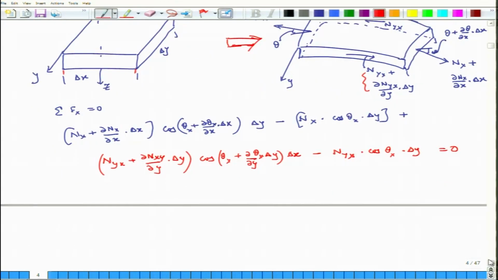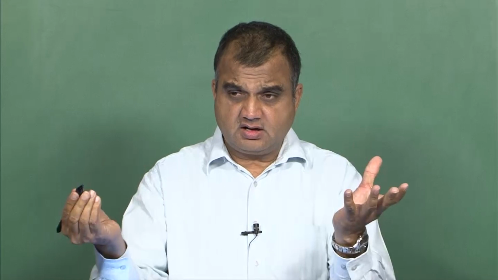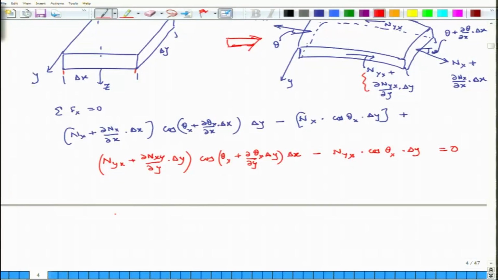Now, we assume that the deformations are small, which means that these rotations also are not very large, and if that is the case, then this entire angle is roughly equal to 0 degrees.